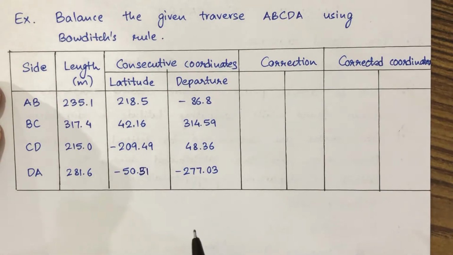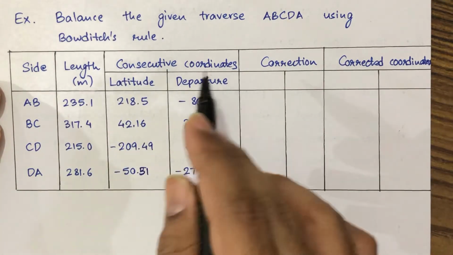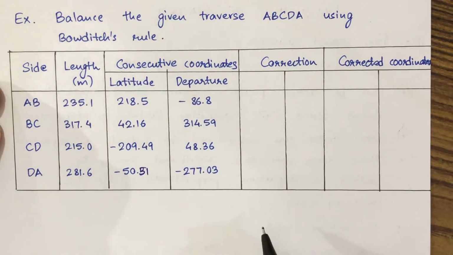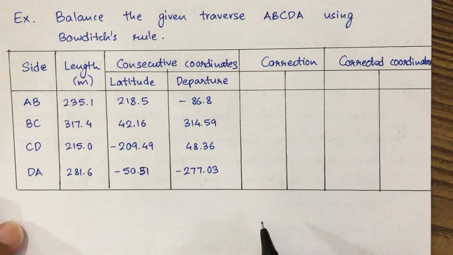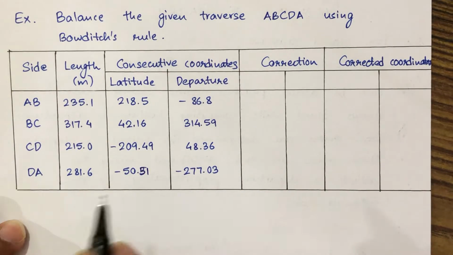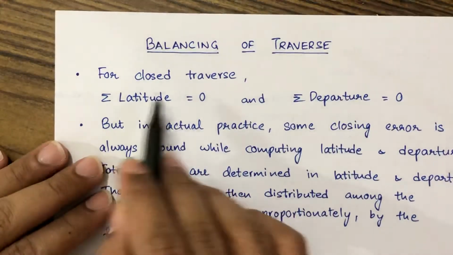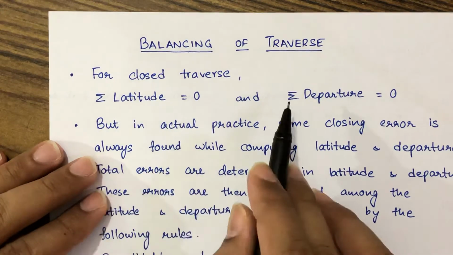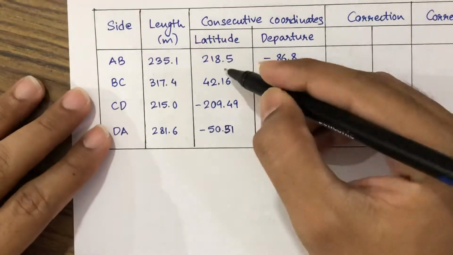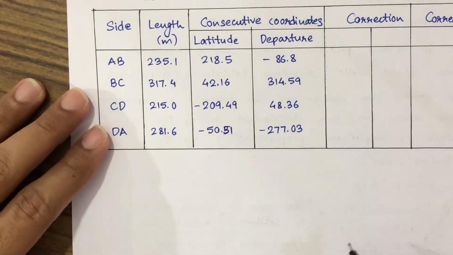First we will have to see the total error in latitude and the total error in departure. We know that summation of latitude should be equal to 0 and summation of departure should be equal to 0 for a closed traverse. So let us see whether summation of all the latitude and summation of all the departure is coming out to 0 or not.